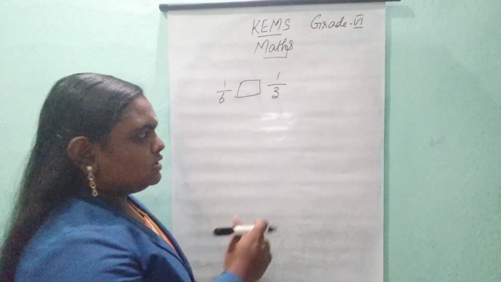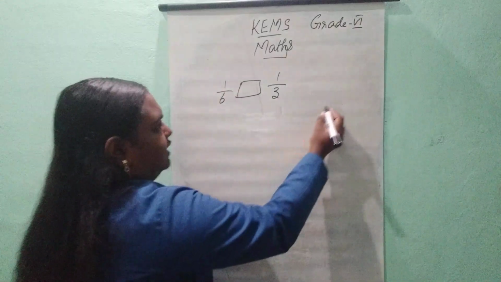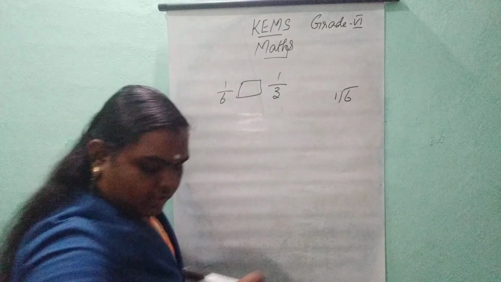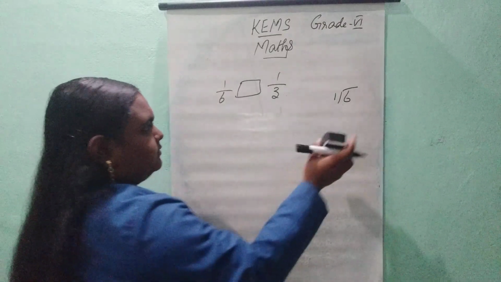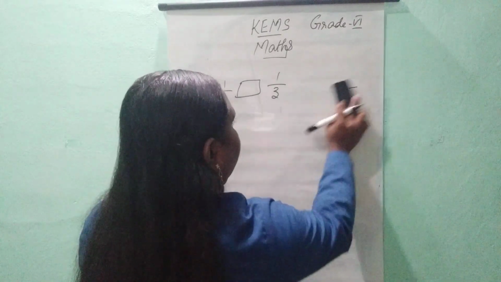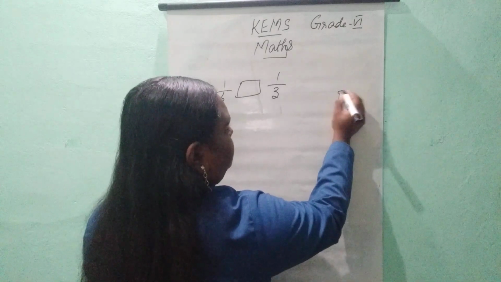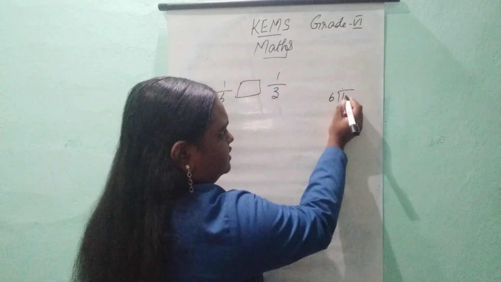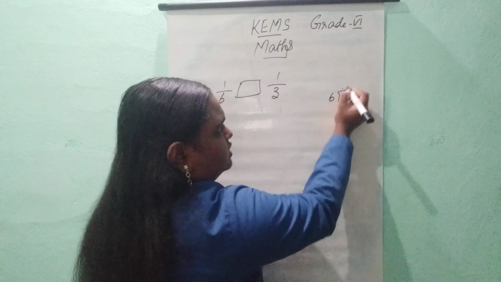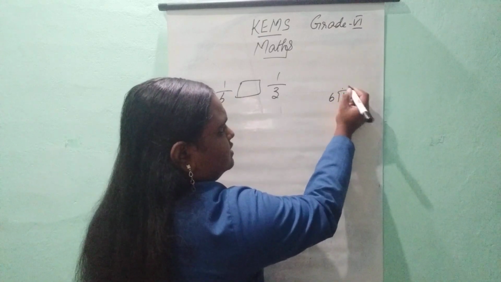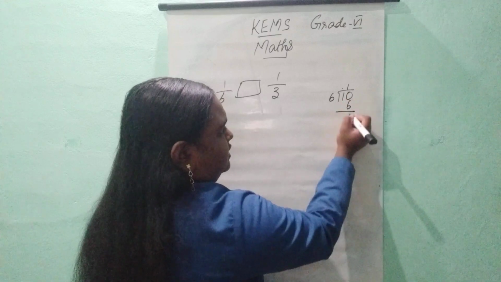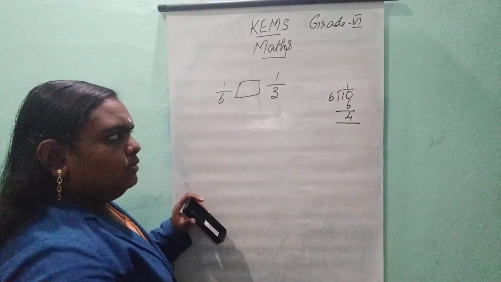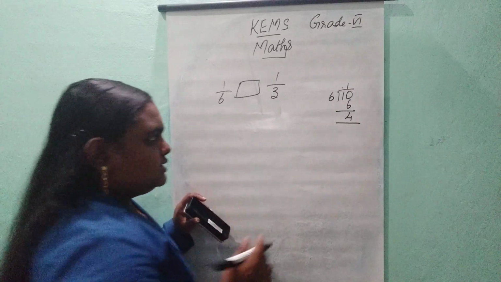Okay, in fractions. So 1 divided by 6: we add 0. 6 1s are 6, then remaining 4. So 0.1 is the answer.